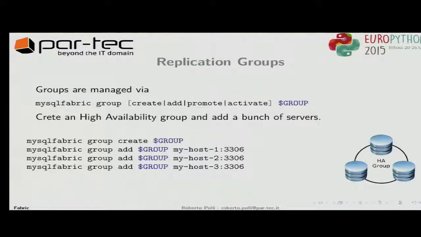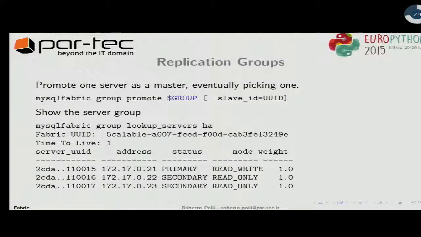OK, you set up the server, and you want to create many groups. Let's start with one high availability group. You just create the group and add, for example, just 3 servers. Then Fabric knows those servers are in the same group. When you promote a group, one of those servers is chosen as a master.